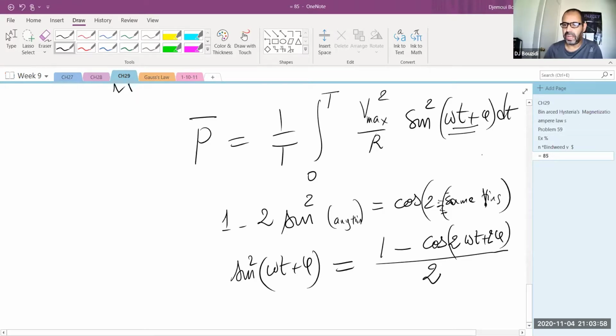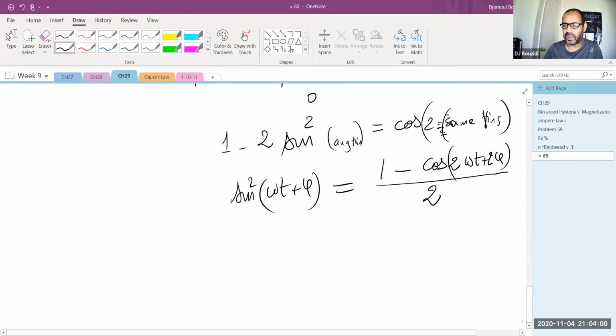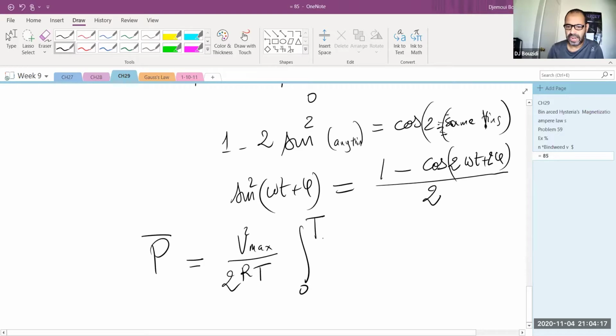I'm going to replace it in there and do my average, because it's easier that way. My average power consumed over one cycle is Vmax squared over RT, the integral from 0 to T, and I take the 2 out of the denominator, leaving 1 minus cosine of 2 omega t plus 2 phi, all integrated over dt.